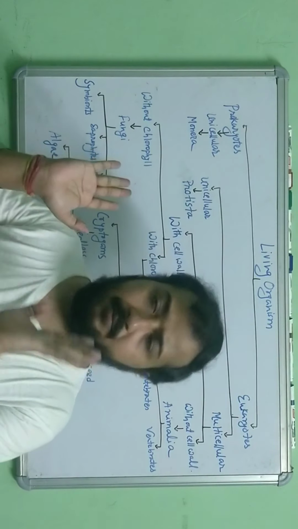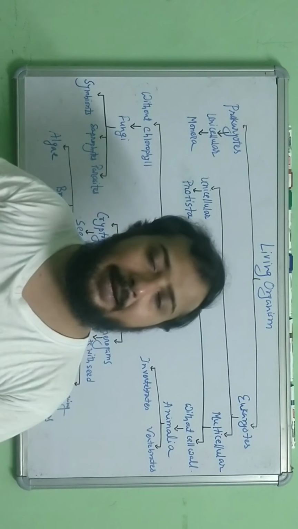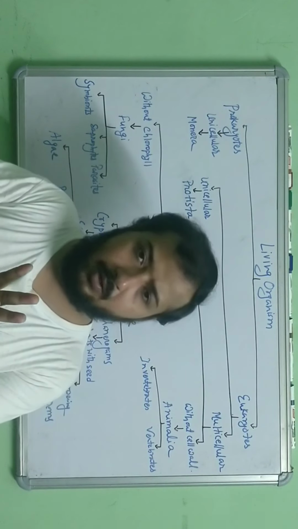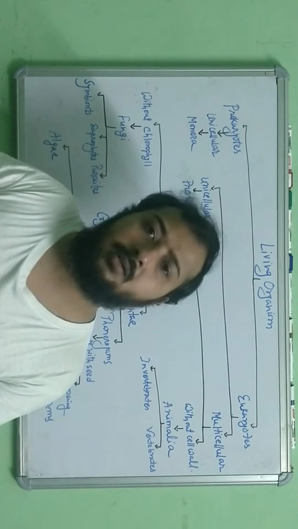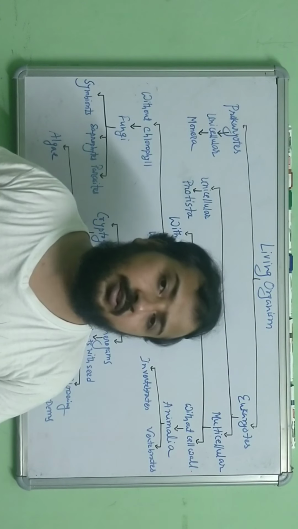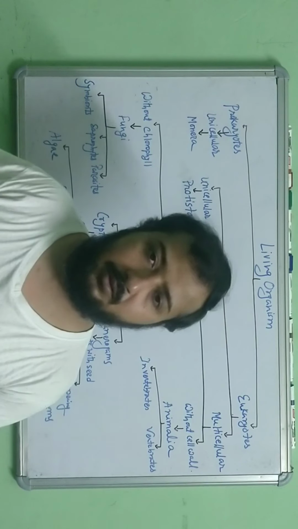Just a brief idea before getting a revision of this chapter. This much knowledge will give you a basic overview of the chapter. It will help us to study and revise the chapter further.